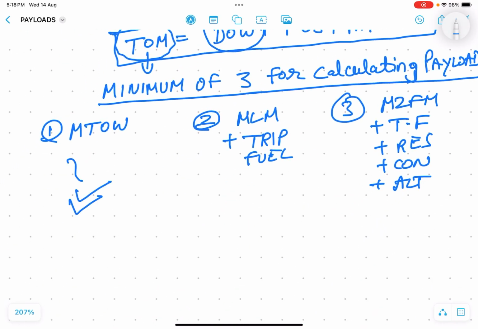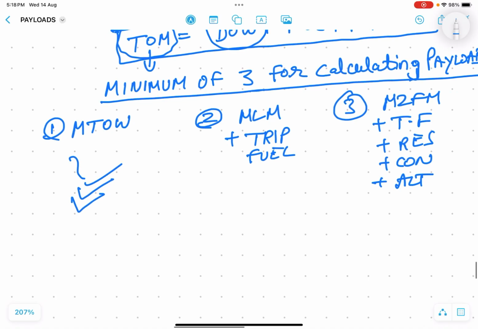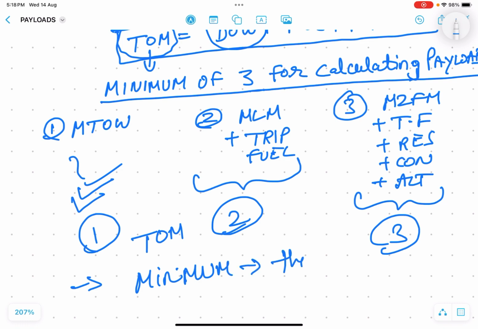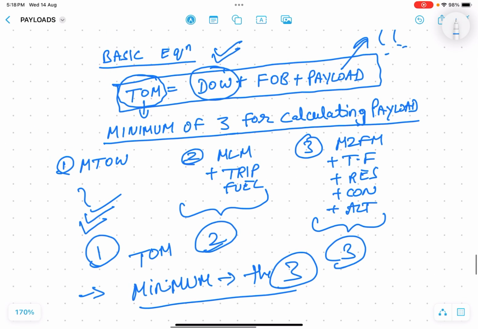So first you write down what was the maximum takeoff mass given in the question, and then calculate the second quantity, and then calculate the third quantity. These all will be takeoff masses, right? And consider the minimum of these three. So the minimum of these will be considered for calculating the maximum payload or the payload.